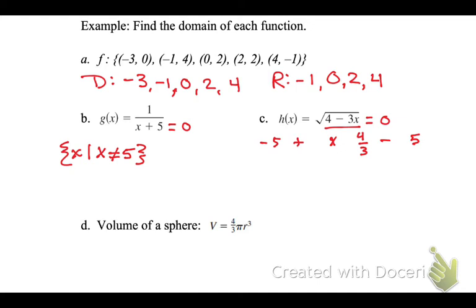So is x going to be less than 4/3 or bigger than 4/3? Less. Can it be equal to? Yes. So x is less than or equal to 4/3.